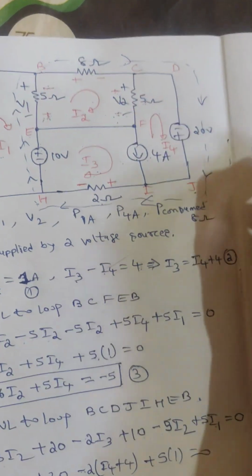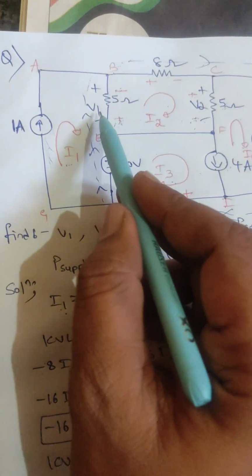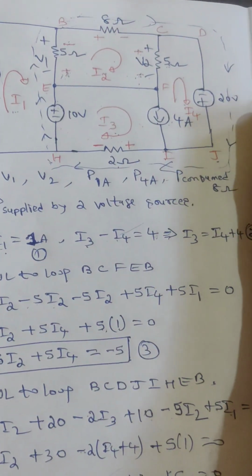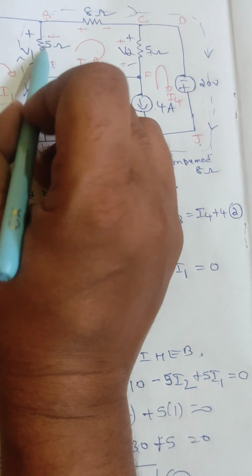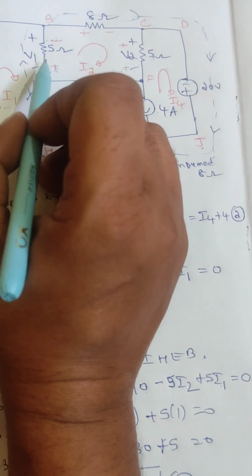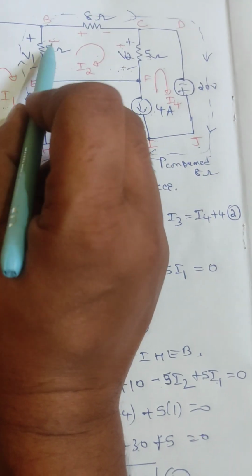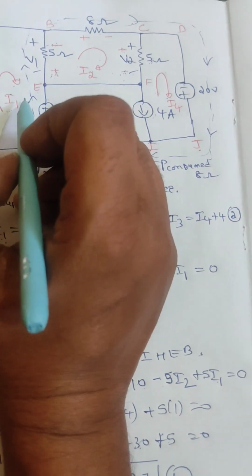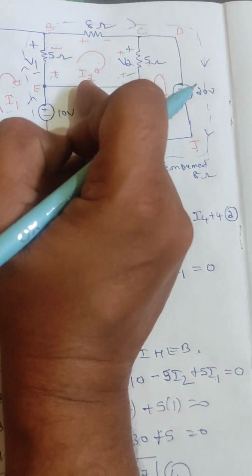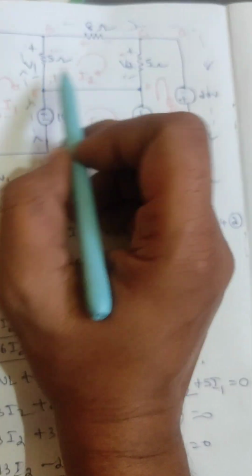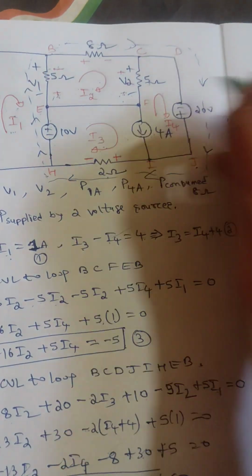Now, what is the first question? Find V1. V1 is the voltage across this 5 ohm resistor. It carries these two currents, I1 and I2. Always write the first loop and then the second loop, loop 1 and loop 2. These two currents are facing opposite to each other. Therefore, the voltage drop in this resistor is the resistor value into I1 minus I2.